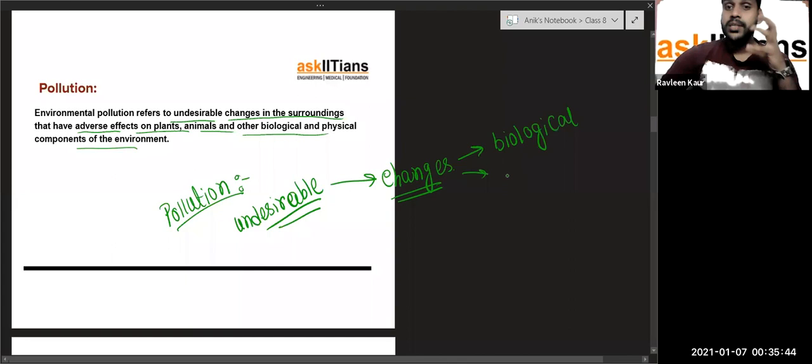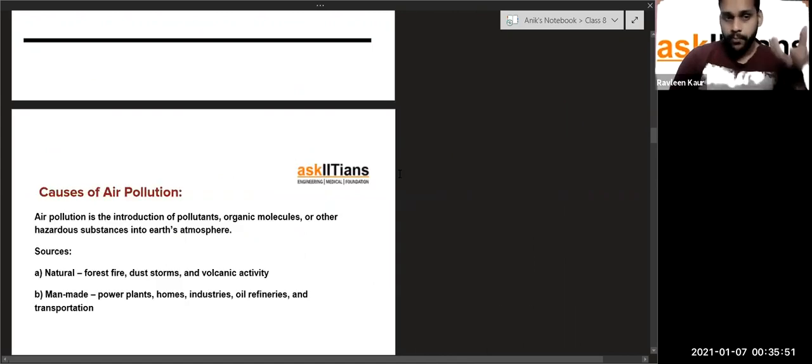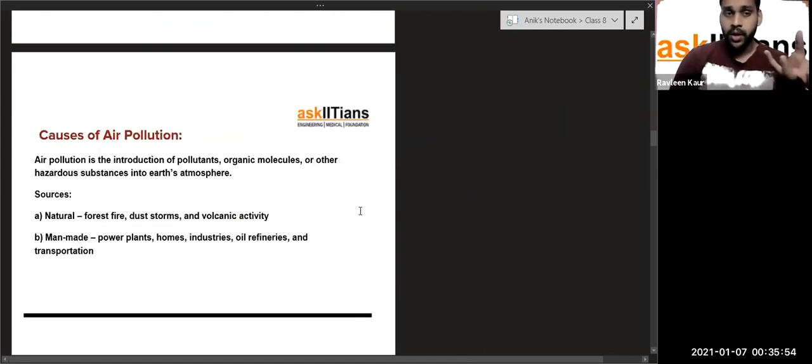Okay, so this is known as pollution. It can happen due to the addition of different types of things in the air and the water, or due to a change in the compositions or something like that.